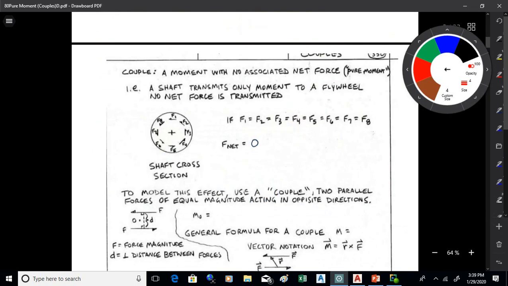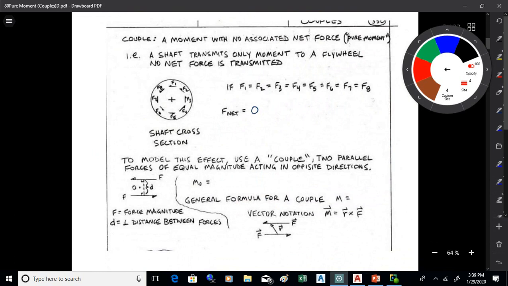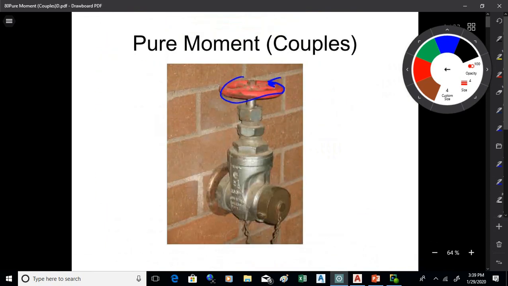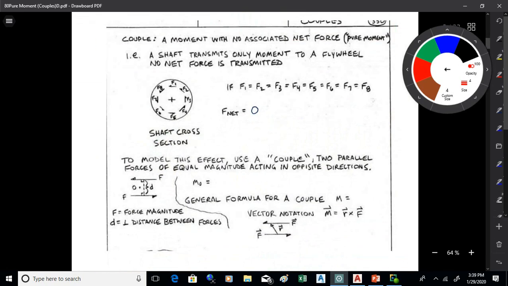All right, now what's happening there when you twist it, if you look in, let's say, the stem of that valve, the shaft that goes down to actually turn the valve, there's a lot of forces in there, okay? But for every one on the left going down, I've got one on the right going up. And for every one on top going to the left, I've got one on the bottom going right.